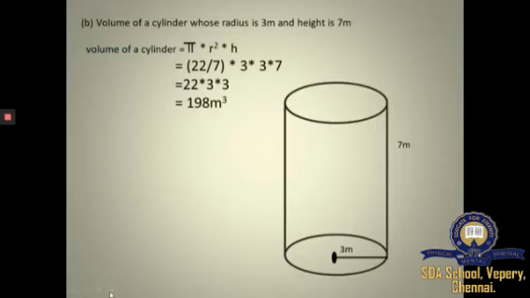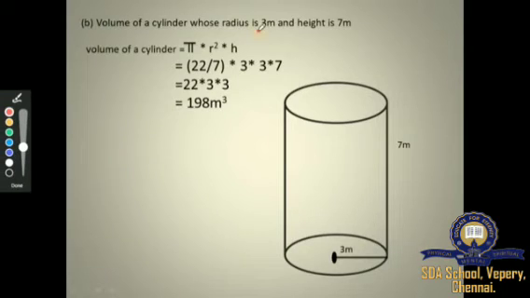Volume of a cylinder whose radius is 3 meter and height is 7 meter. We have to find the volume of the cylinder, and the radius is given to be 3 meter and the height is given to be 7 meter. What we have to find is the volume.